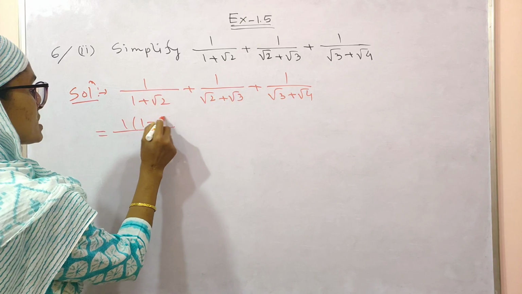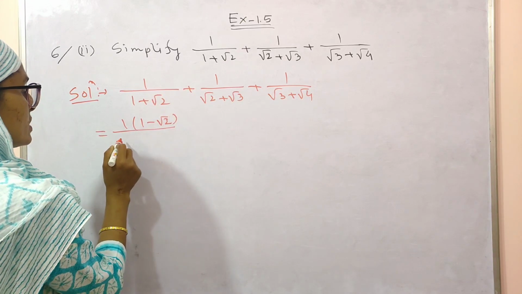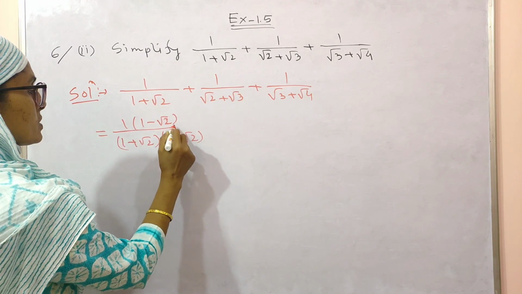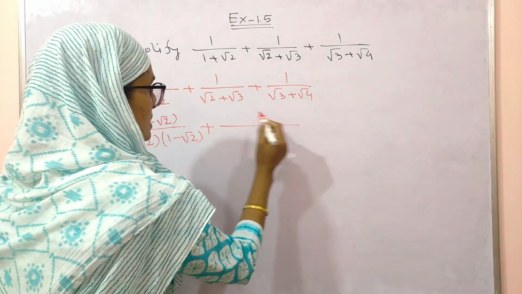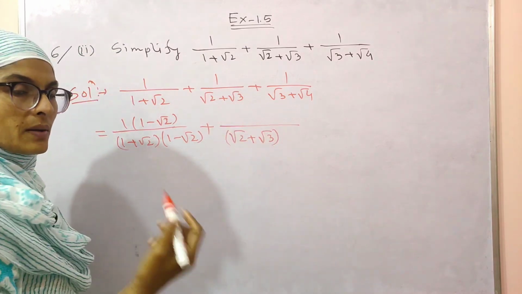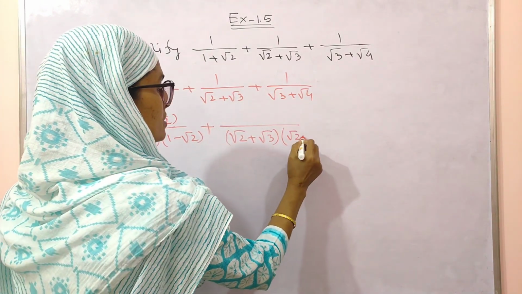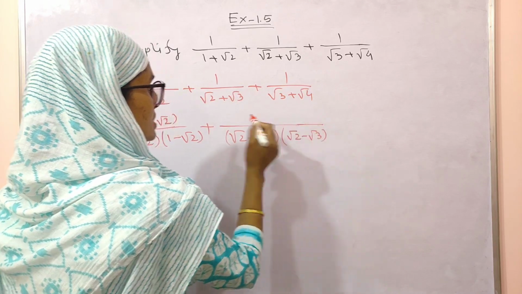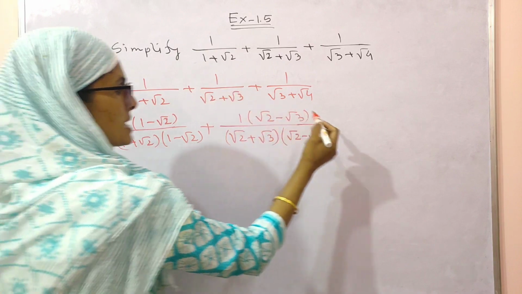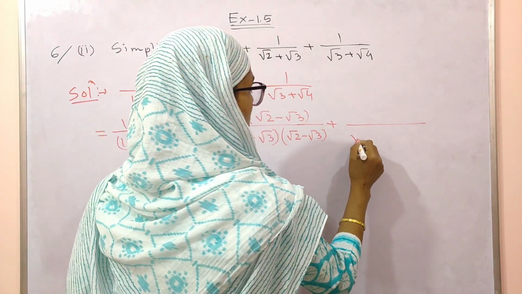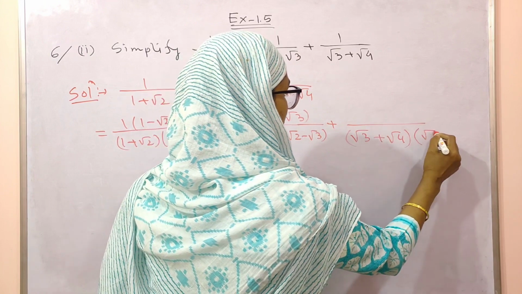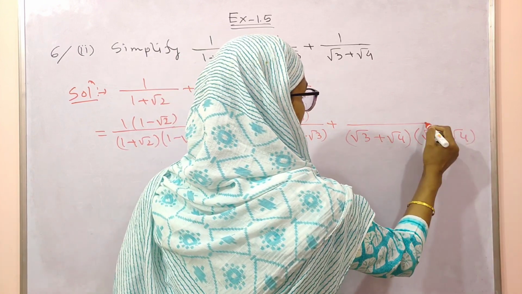1 into (1 minus root 2) by (1 plus root 2) into (1 minus root 2). Plus here, root 2 plus root 3, you have to multiply by root 2 minus root 3. Here 1 into (root 2 minus root 3). Next plus, root 3 plus root 4, you have to multiply by root 3 minus root 4.